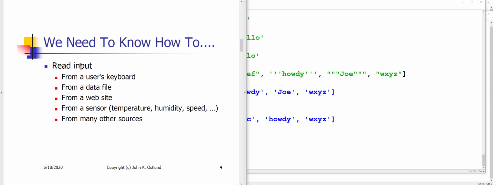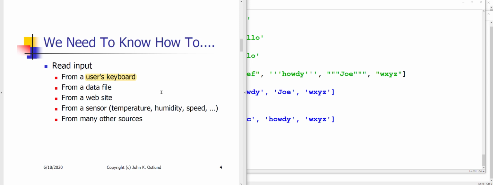Now, where do we get data from? Well, we're going to start out by taking a look at how to get data from a user's keyboard. Then we're going to move on to talk about how to get data from a file on the user's disk drive. We can also get data from a website out on the internet.